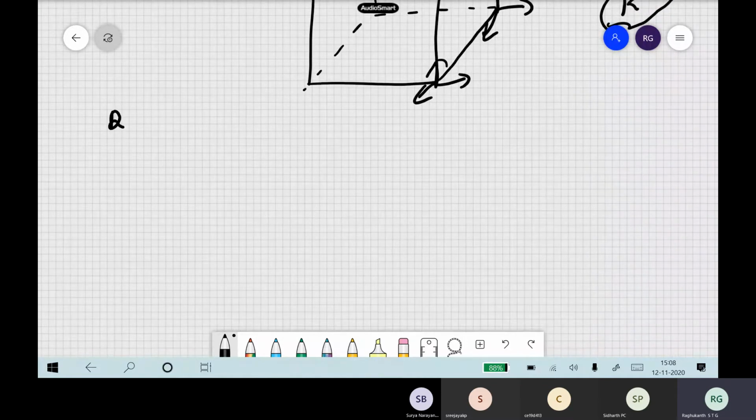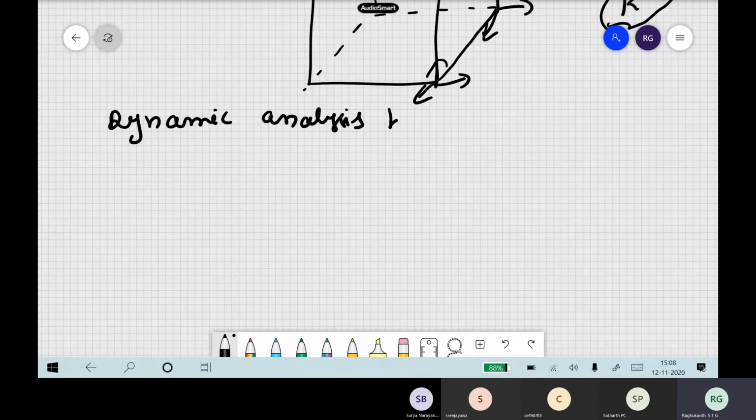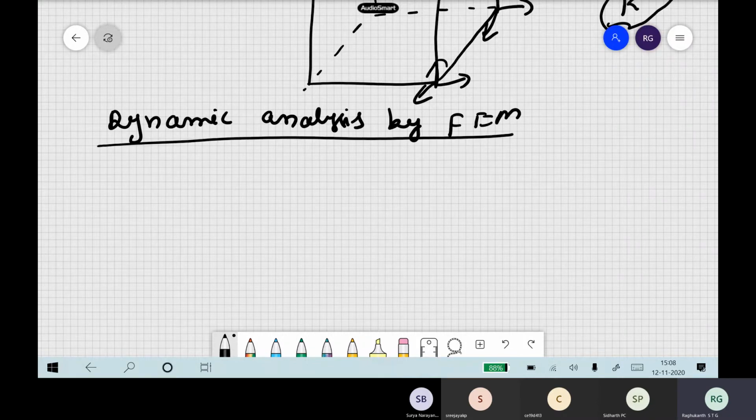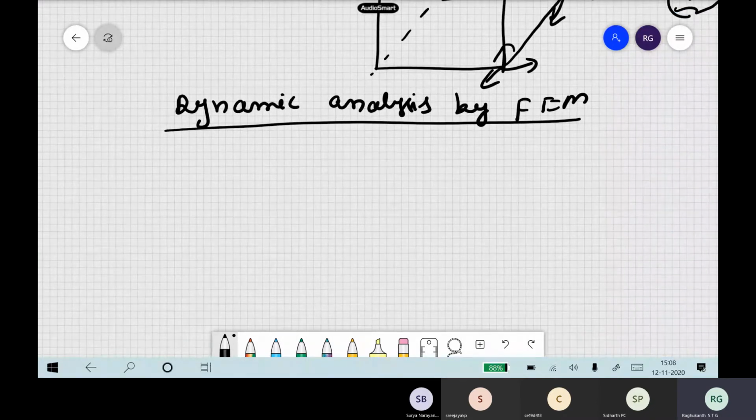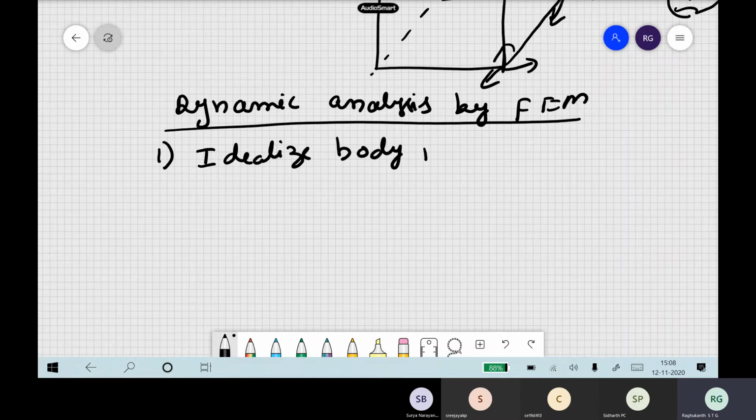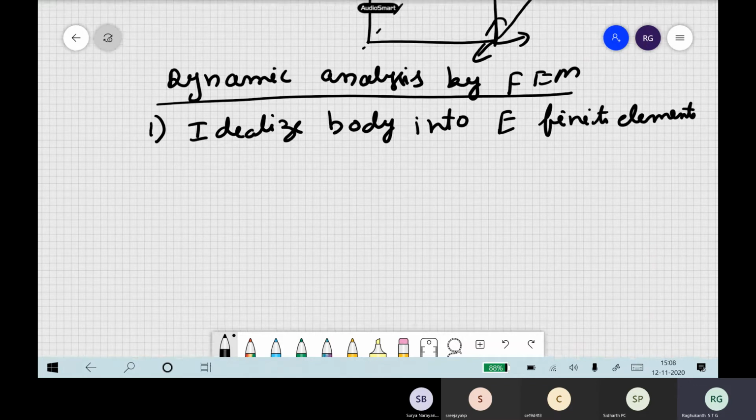The first step in dynamic analysis, as we already saw for the wave equation, is to idealize this body and divide it into E finite elements. So you would divide this into a number of elements.